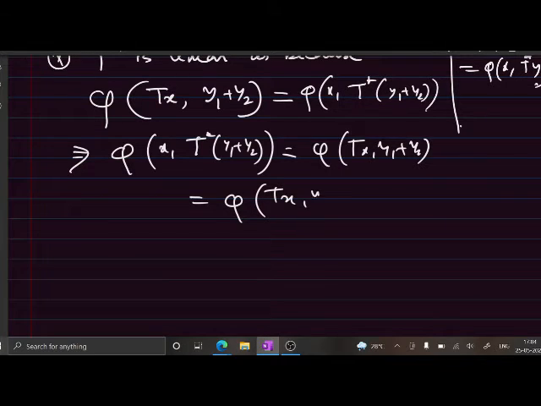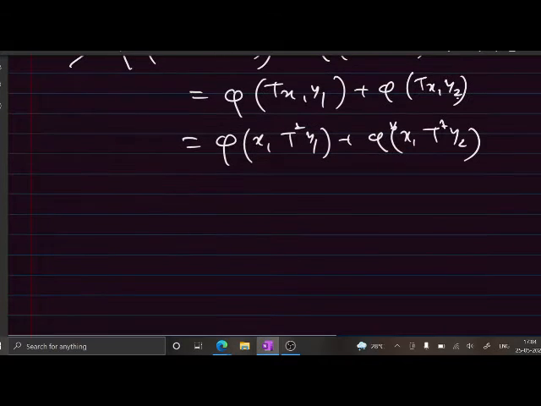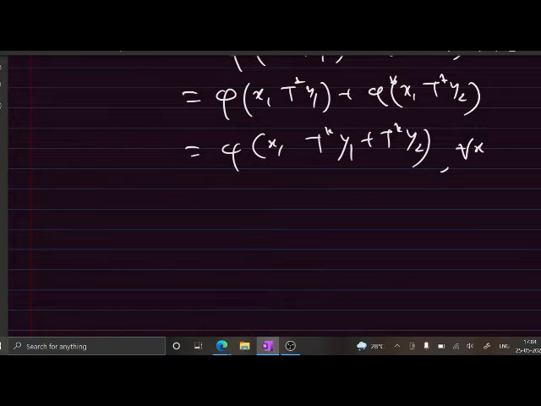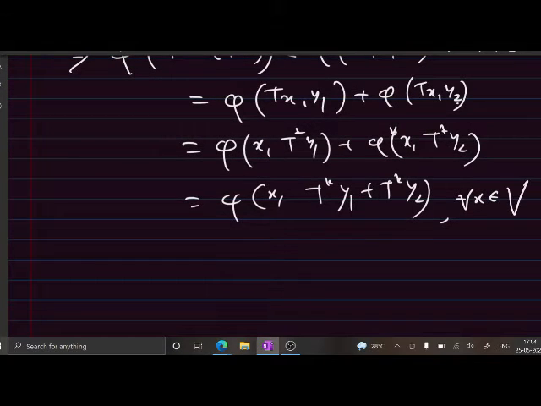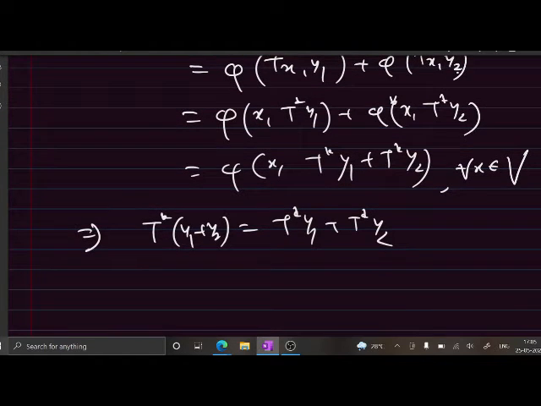So this is phi of Tx, y1 plus phi of Tx, y2, and then again it is phi of x, T star y1 plus phi of x, T star y2. So therefore this is phi of x, T star y1 plus T star y2. Now this equation is valid for any x belongs to V, so T star of y1 plus y2 is actually T star y1 plus T star y2. So this proves that T star is additive.